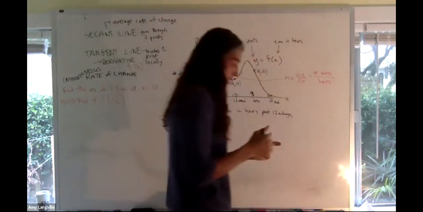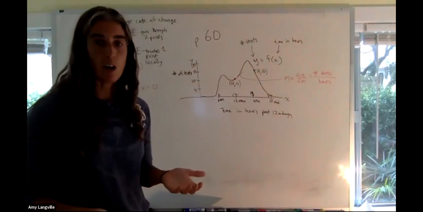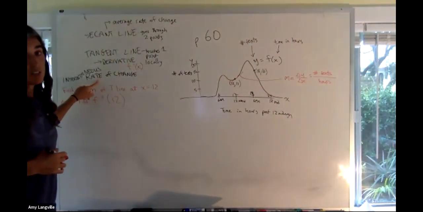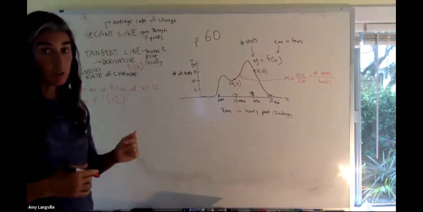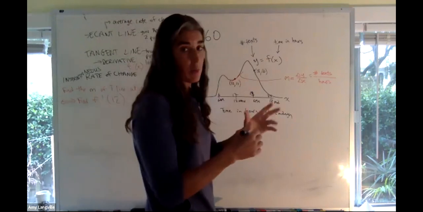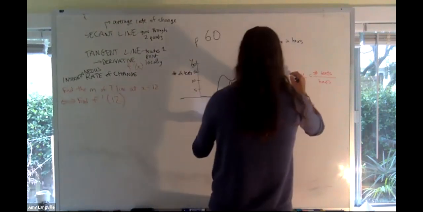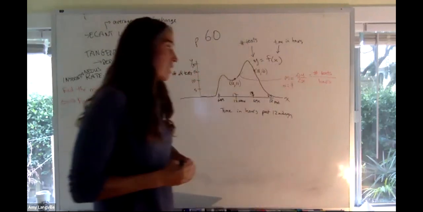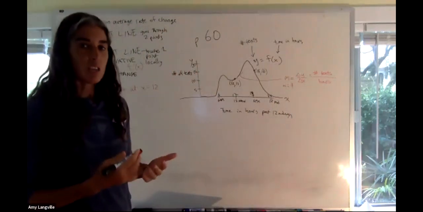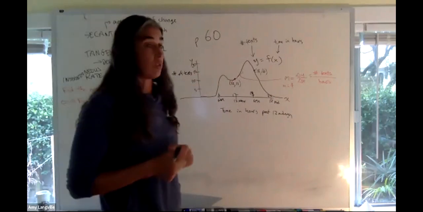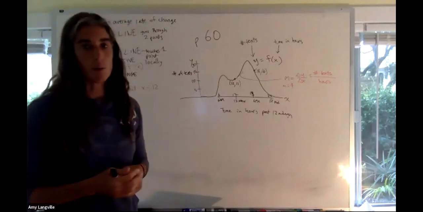So notice when you read it that way, number of texts per hour, that's a rate of change. An instantaneous rate of change. At exactly 12 noon, the instantaneous rate of change is whatever this slope is. Let's just make up a number for now. Let's just say it was 4. We'll learn how to do this later. Suppose it was 4, then that would mean that the number of texts per hour that are your rate of texting at 12 noon is about 4 texts per hour then.